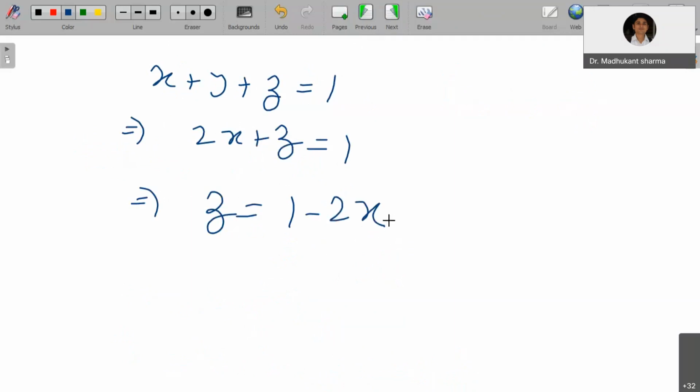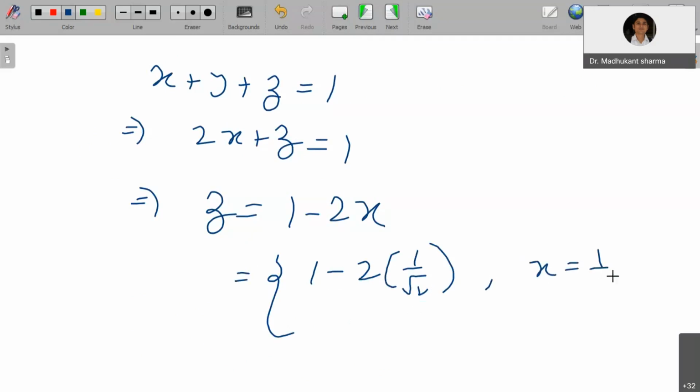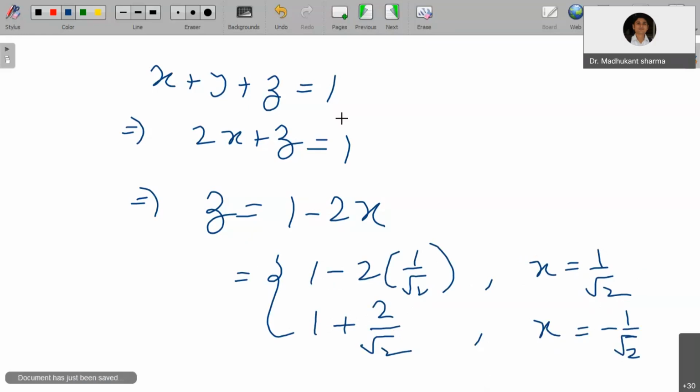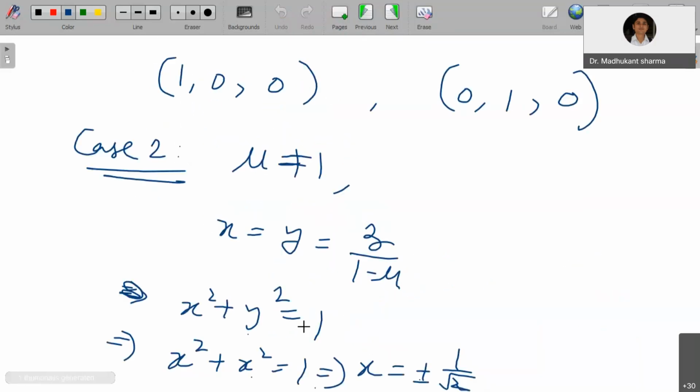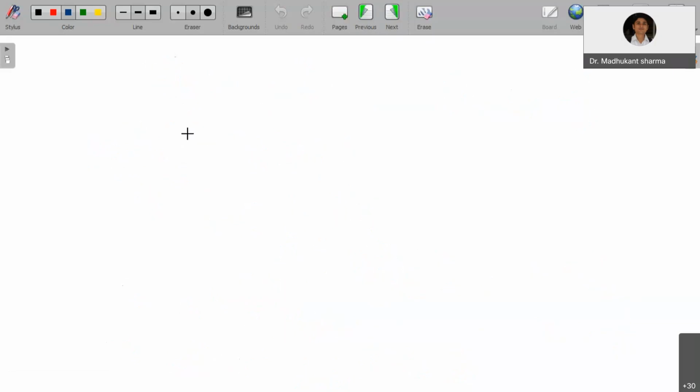Now x is plus minus 1 by root 2, so z equals 1 minus 2 times 1 by root 2 whenever x equals 1 by root 2, and 1 plus 2 by root 2 whenever x is minus 1 by root 2.